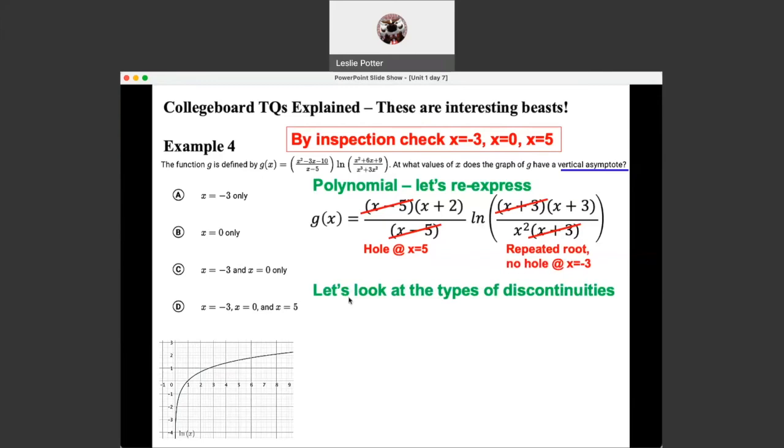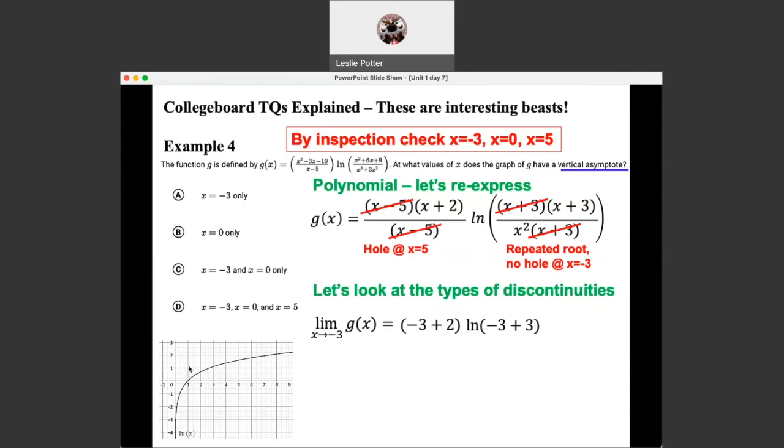So let's look at the types of discontinuities. We know we can get rid of 5, but let's look at x approaching -3 and see what this value is. In this modified expression, when I plug in -3, I get -1 times the natural log of 0. Going back to what the natural log looks like, when the stuff in the brackets equals 0, we have an asymptote.